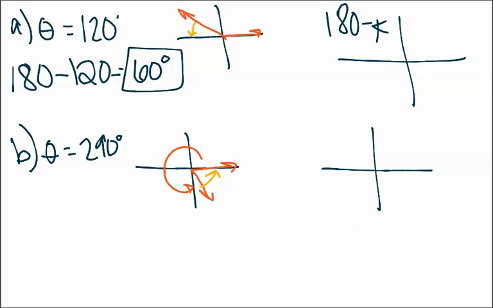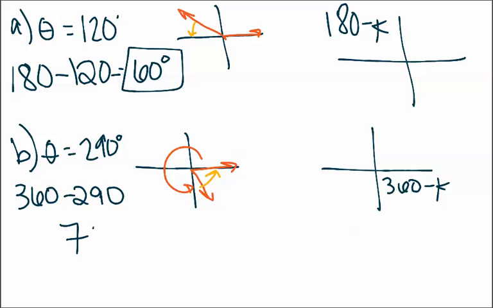So if we look on our chart, since my angle is in the fourth quadrant, that's telling me I'm going to have to do 360 minus my angle. So if I did 360 minus 290, that's telling me I have 70 more degrees until I would hit that x-axis. And there's that answer, positive, between 0 and 90.